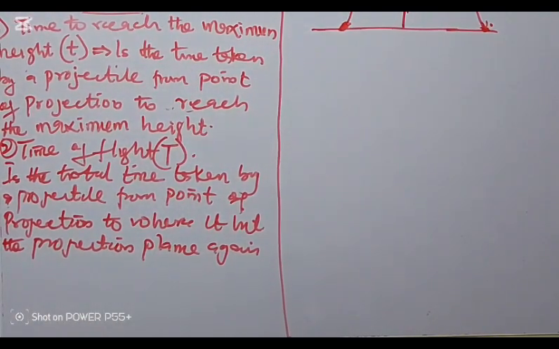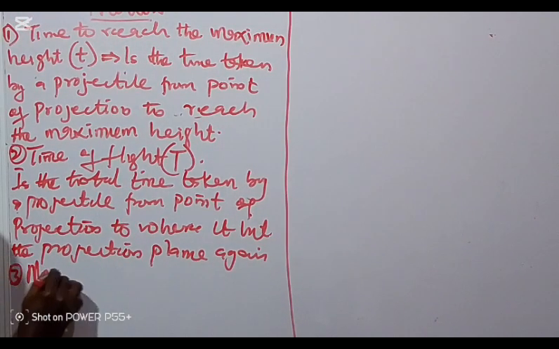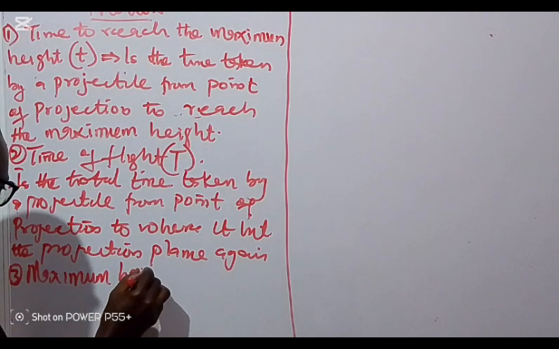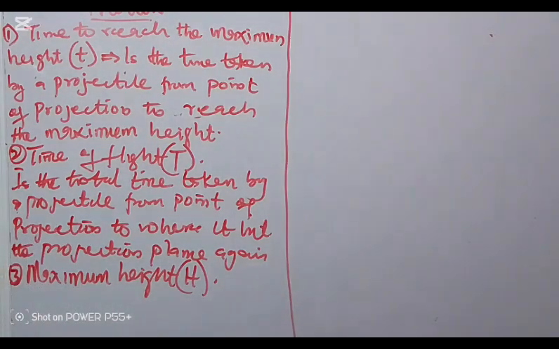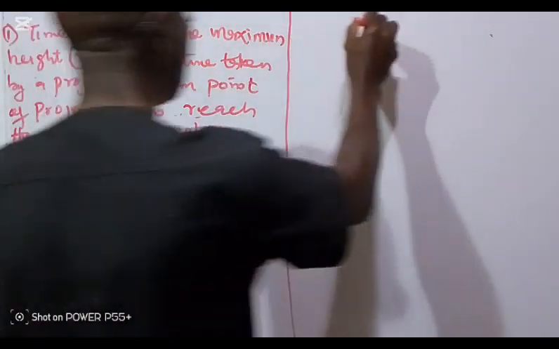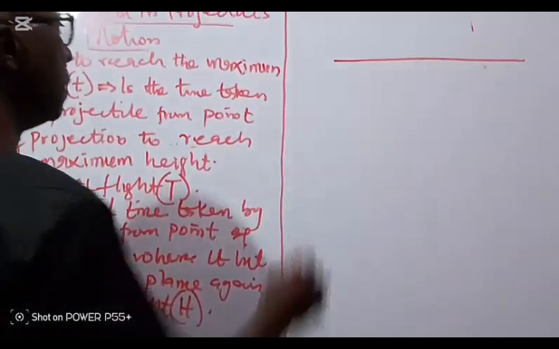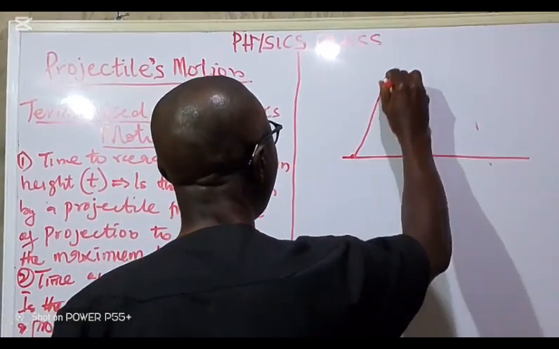This is maximum height. When you say maximum height, as I explained the other time, let's say this is the plane of projection. Then when you launch a projectile like this, it reaches the maximum and comes back.